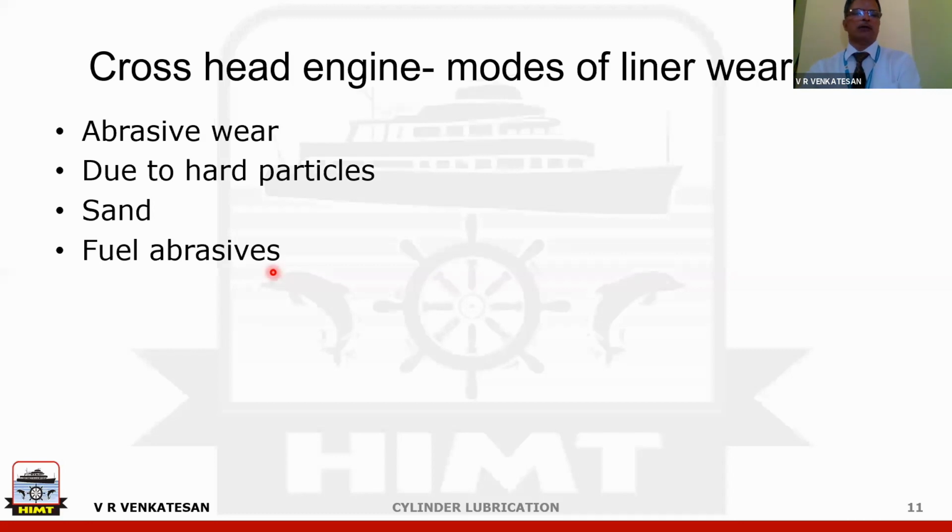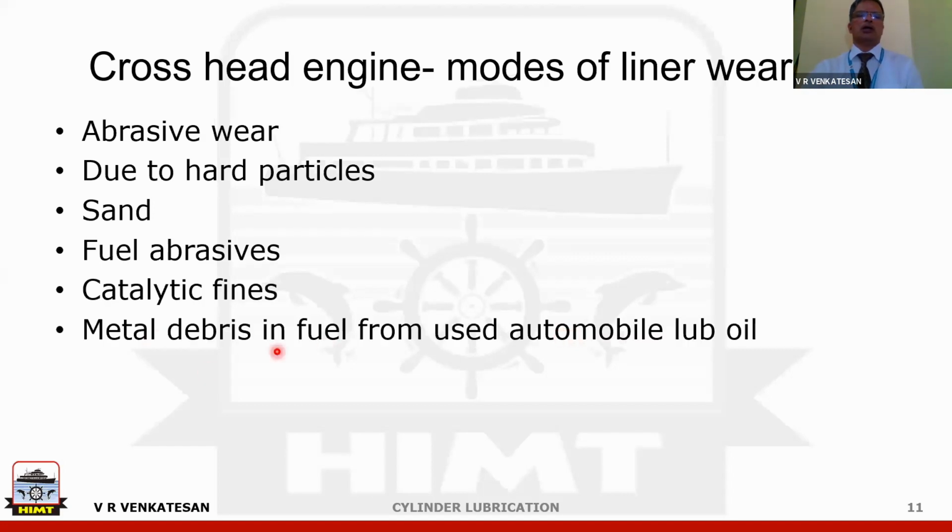Again, sand will be there, contamination by sand is there. And we've got these catalytic fines, which everyone knows. Catalytic fines are aluminum oxide, which is used as a catalyst during refining of fuel. So these catalytic fines will get carried over into the bunker fuel, and can cause a lot of abrasion. Then a lot of bunker fuel is also contaminated or mixed with used automobile lube oil.